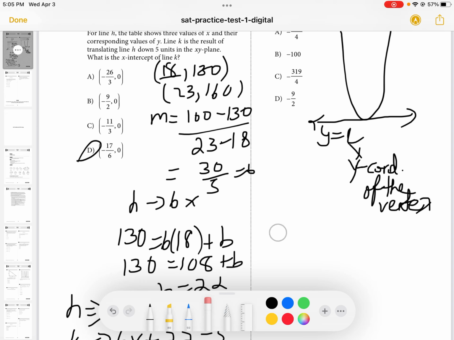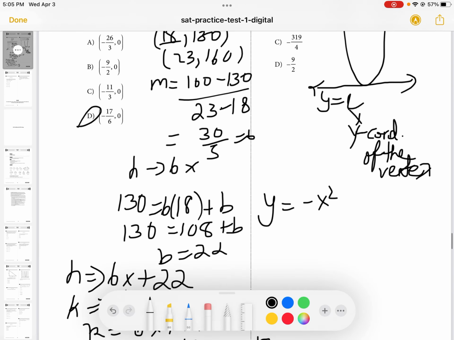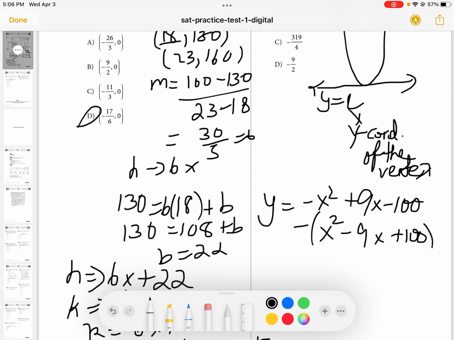So if we want to put y equals negative x squared plus 9x minus 100 into vertex form, we want to do that. So we have to pull out the negative. When we pull out the negative, we get x squared minus 9x plus 100. Right.